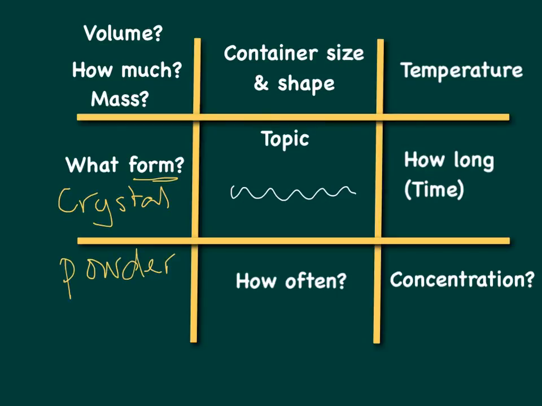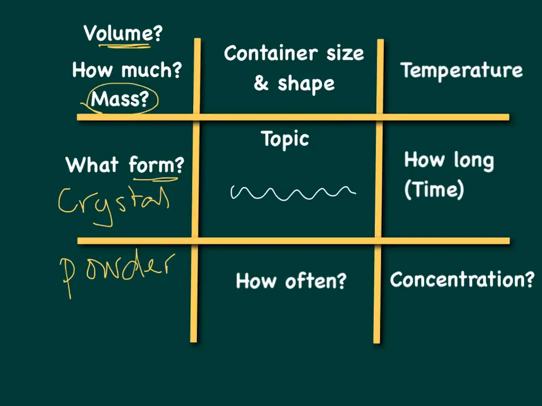These things are what I mean by form, the form it takes. We should think about that because that is a variable. How much are we going to use? If we are talking about a gas or a liquid, we should use the word volume. If we are talking about a solid, we should use the word mass.